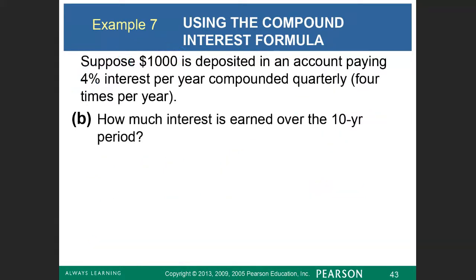Okay, so next problem. How much interest is earned over the 10-year period? Since you have 1,000 as your principal here, you just subtract it from what we got a while ago in letter A. So our answer would be 1,488.86 minus the principal or the initial amount deposited, which is 1,000.